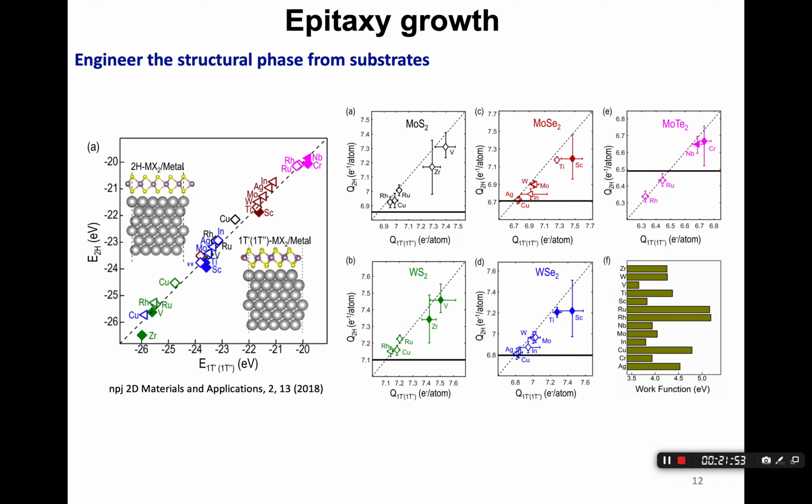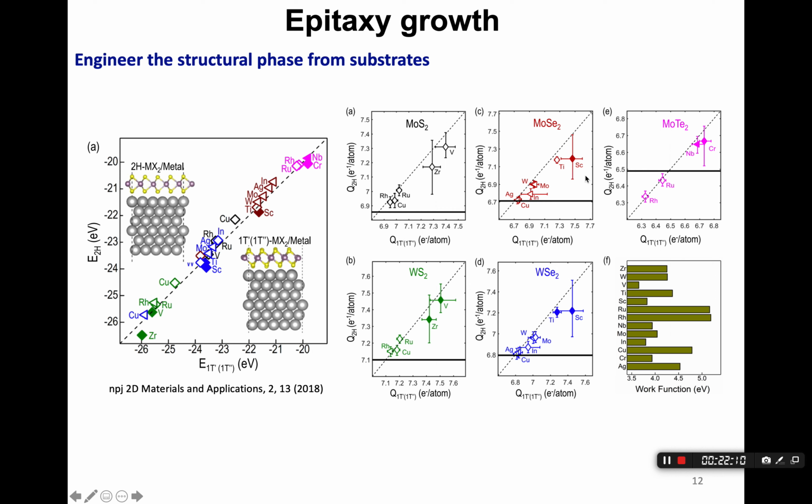From DFT analysis of the charge transfer, we realize that the more charge transfers from the metal substrate to the transition metal dichalcogenide, the more chance you have of a phase transformation.